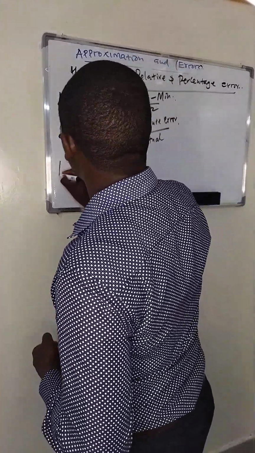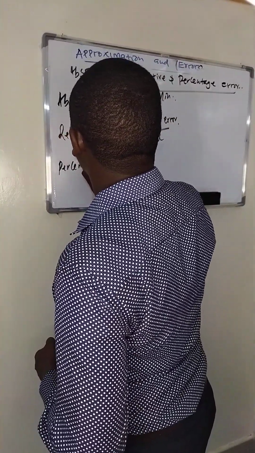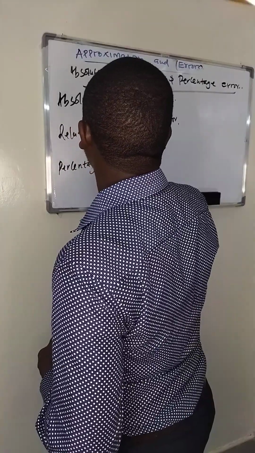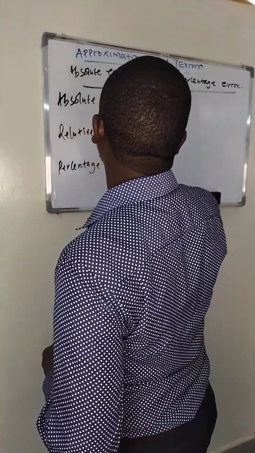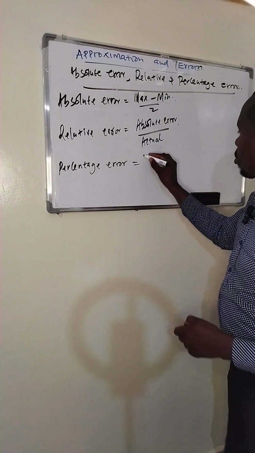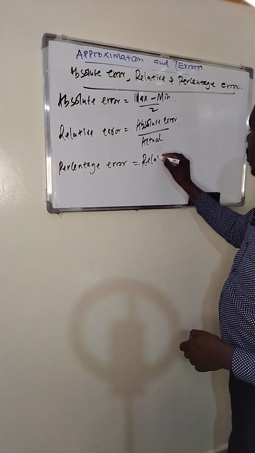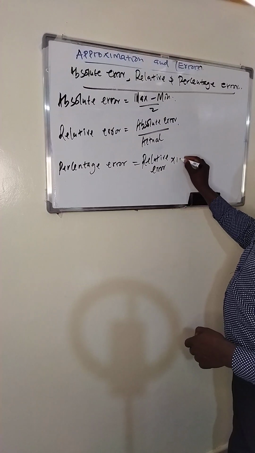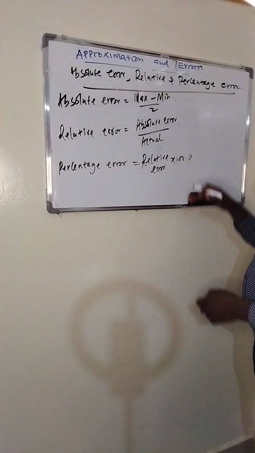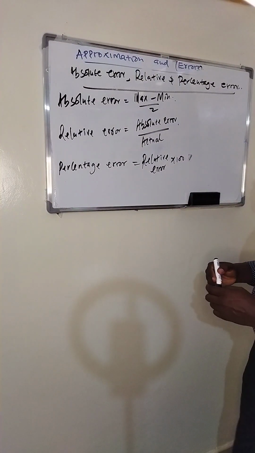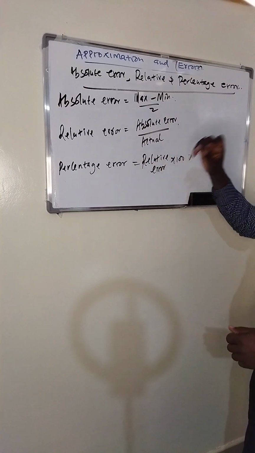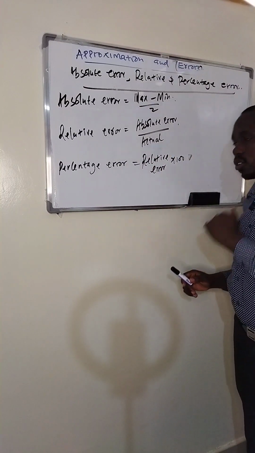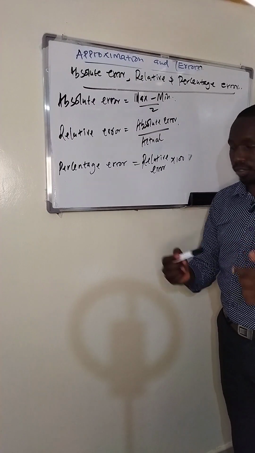And lastly, percentage error, which is equivalent to relative error times 100. So this is generally, in fact, the major parts of approximation and errors, but that is in the context now of propagation of errors.